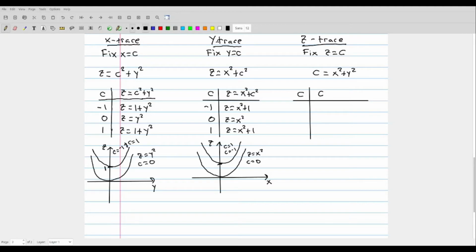So the expression that we have here is that x squared plus y squared is equal to c. This is the trace that we get when we fix z.